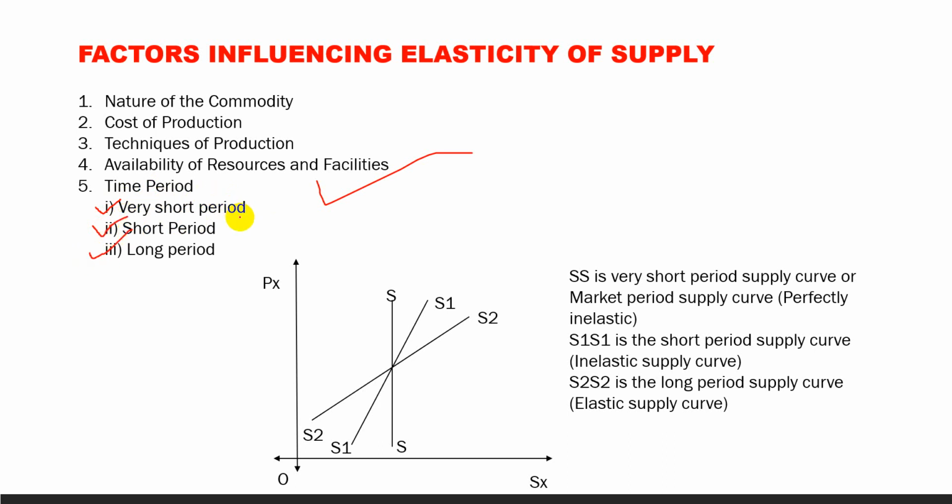Very short period. In the very short period, time is not sufficient to make changes in output. Hence, supply will be inelastic as represented by the vertical line.